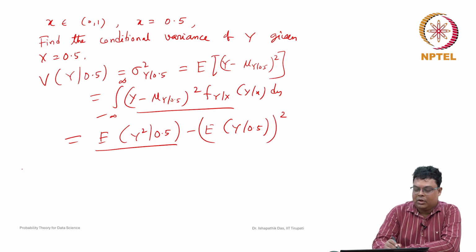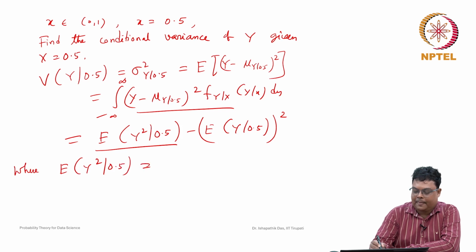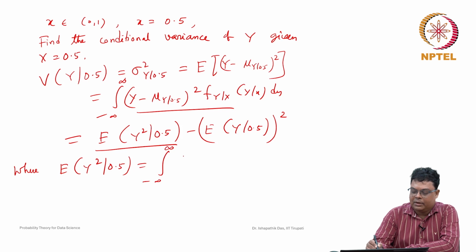The expected value of y square given 0.5 is defined by the integral from minus infinity to plus infinity of y square f of y given x dy, where x here is replaced by 0.5.